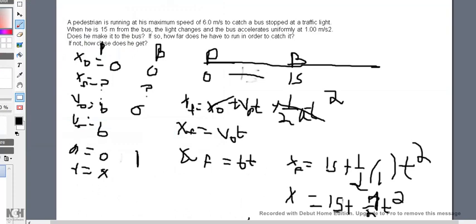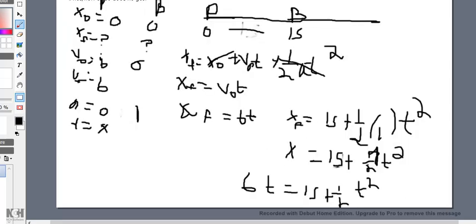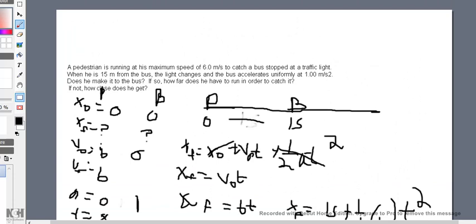If so, how far does he have to run in order to catch it? If not, how close does he get? We know he caught it, so we solved for the times already. I'm going to go back to part 2.